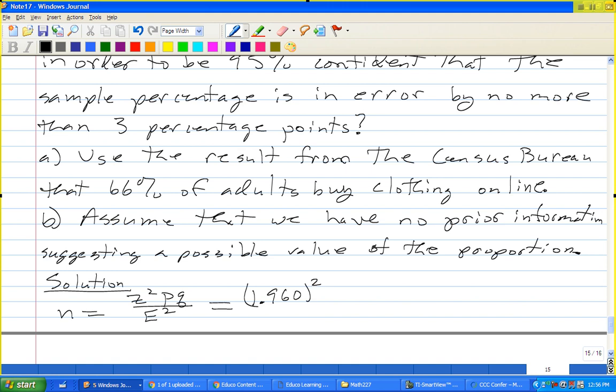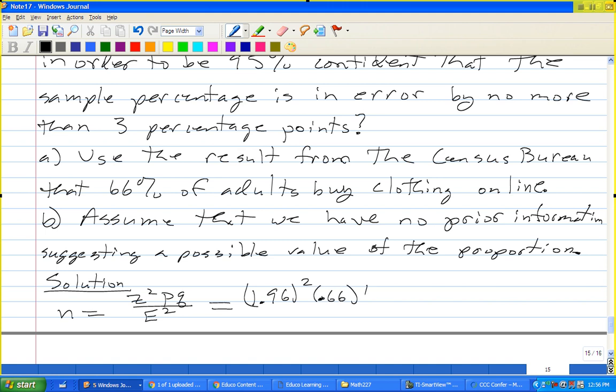Square that. I don't know what P is, but I do know a sample proportion, so I'll use the sample proportion 0.66.